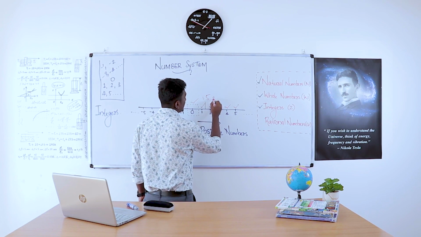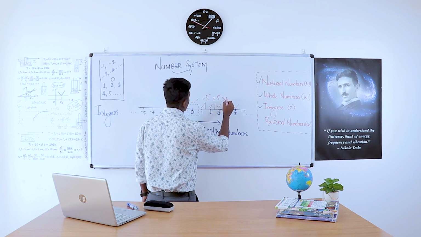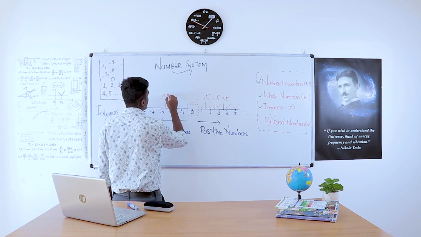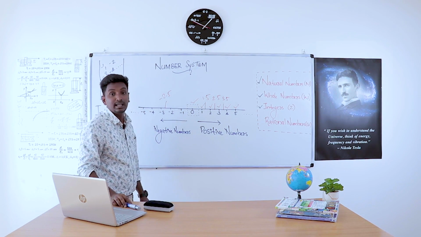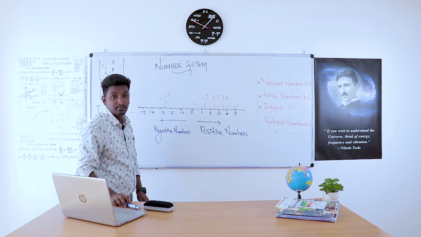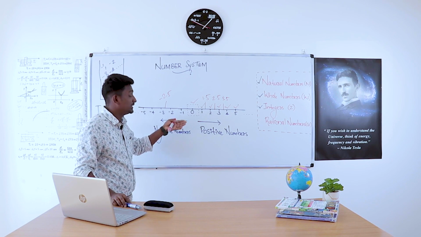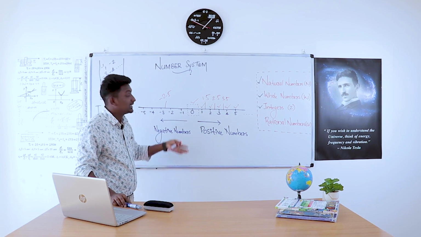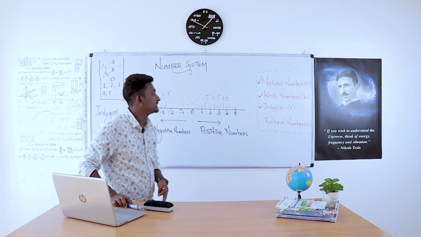Between 2 and 3 there is 2.5. Between 3 and 4 there is 3.5. In a similar way, between -2 and -3, there are -2.5, -2.6, -2.7. That means in between the whole numbers, fractions are also there: 1/2, 1/3, 1/4, 1/5. Fractions are there in between whole numbers.